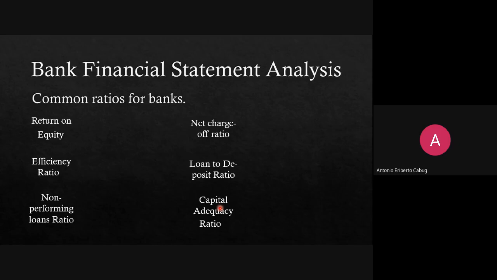Yun yung purpose kung bakit may banks. The banks are here in order to take money from those who have excess and give it to those who need it. So interest will be payable by the borrower to the bank and the bank to the lender. Okay? That's the main purpose, no? The capital allocation process. The third function of bank is creating money.